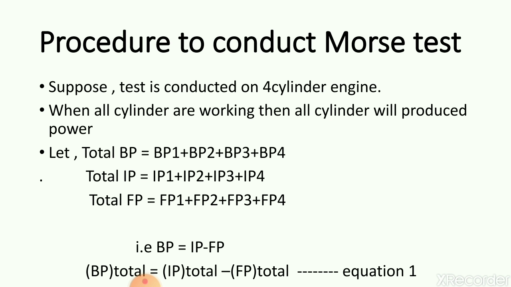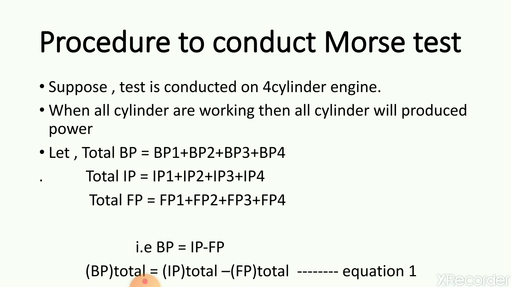So here the total brake power is the summation of all the brake power produced by each cylinder. That is, BP is equal to BP1 plus BP2 plus BP3 plus BP4. Likewise, the total indicated power is the summation of all the power which is produced inside the 4 cylinders.